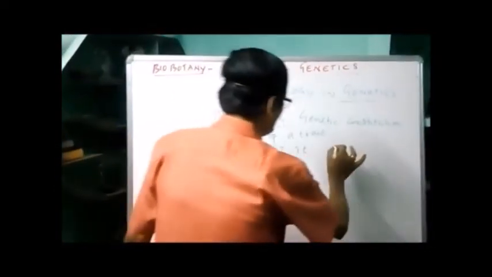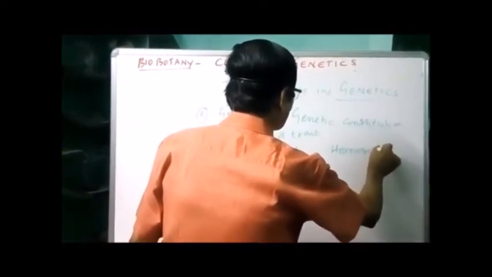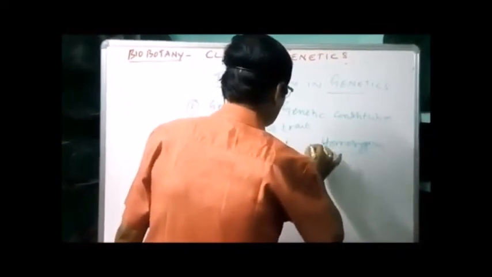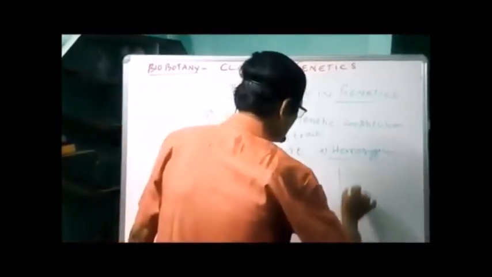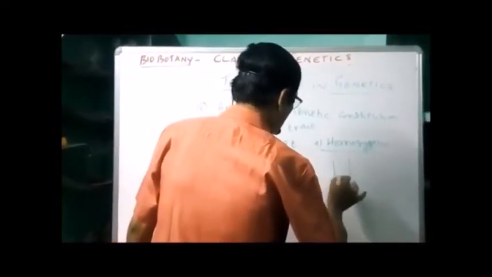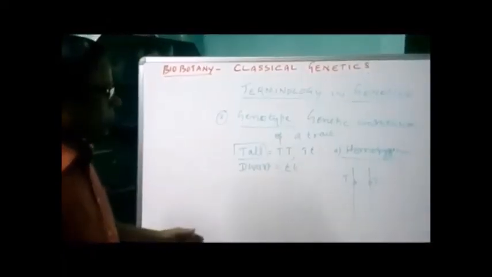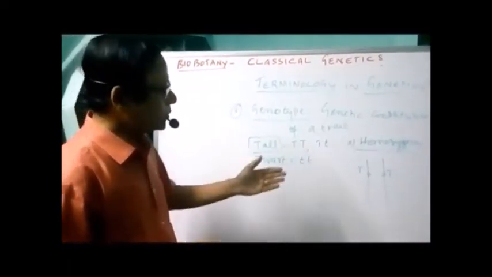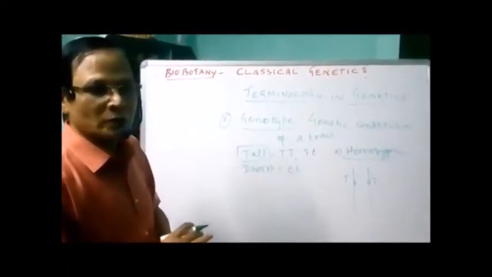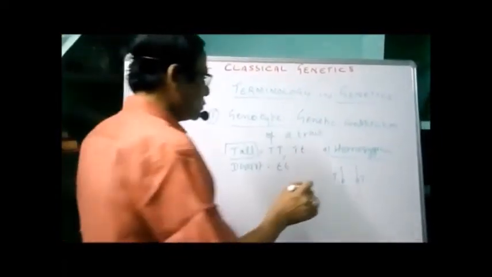Number one, homozygous. What is homozygous condition? If you are taking a homologous pair of chromosomes, and the two genes for a trait are similar, then it is called homozygous condition. If you have two dominant factors for the tall character, it is called homozygous tall.